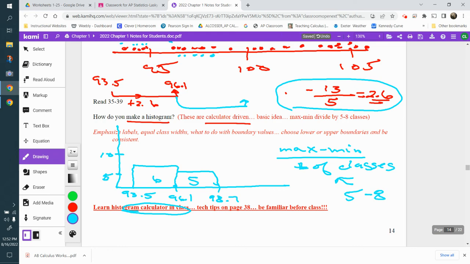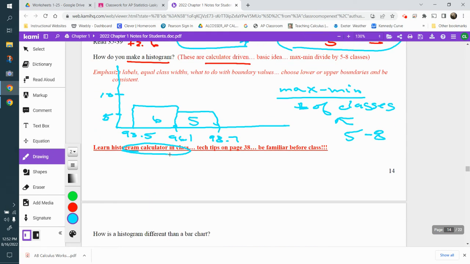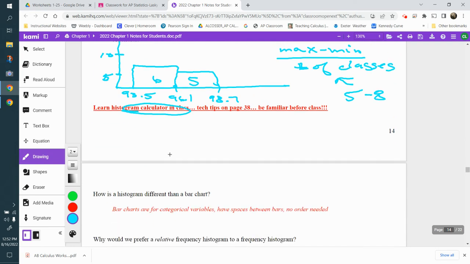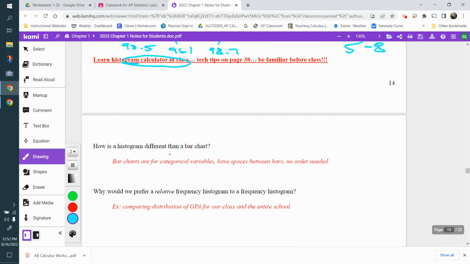So the basic idea of a histogram is that it really is a bar chart, but it's a continuous bar chart. Okay. So that's where we get to here. So bar charts, if you guys notice, a bar chart has a spot in between each. And that's a bar chart.